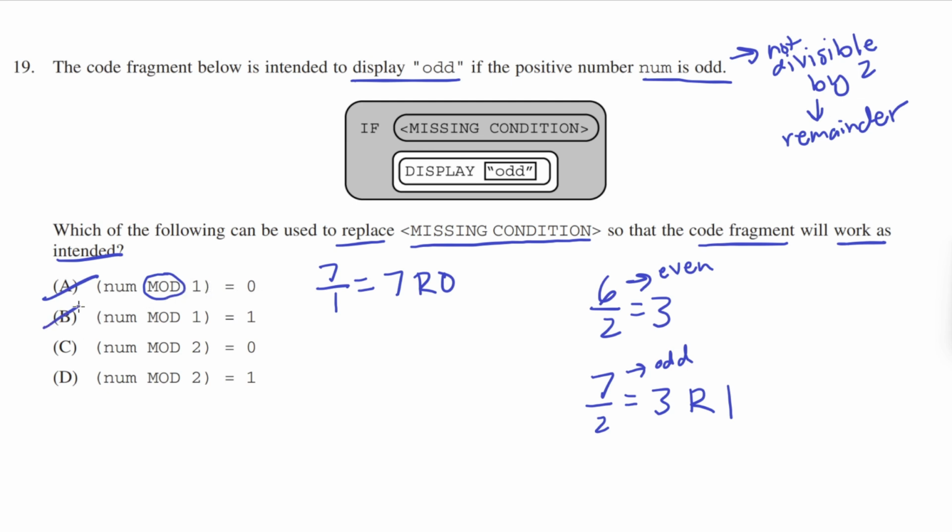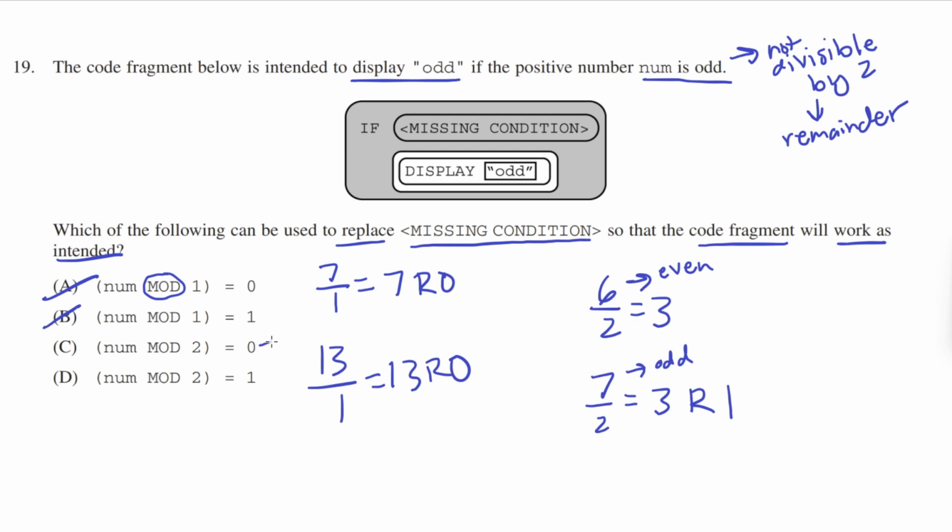The same for answer choice B. It says num modulus 1 equals 1. This will never be true. The modulus of 1 can never be non-zero, because no matter what number you use for num, it's always going to be divisible by 1 with a remainder of 0.